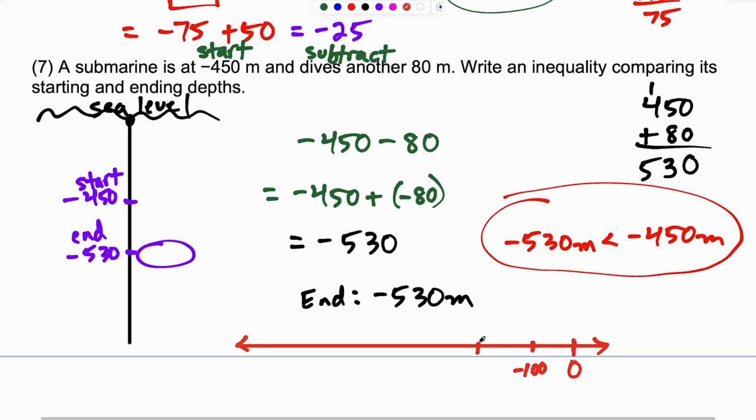So I have negative 100, negative 200, negative 300, negative 400, negative 500, and then finally negative 600. Negative 530 would be somewhere over here, and negative 450 would be over here. So you see how negative 450 is more to the right. So negative 450 is greater than negative 530, or we could say negative 530 is less than negative 450. Okay, so this inequality works out.